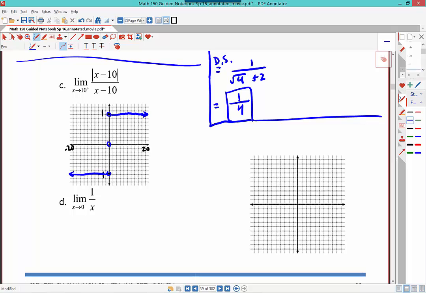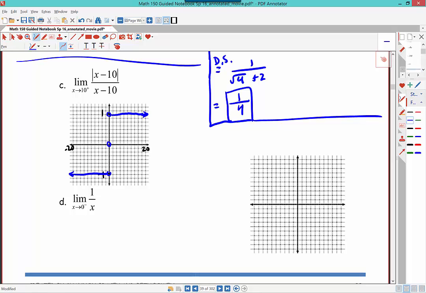So what would you say about the limit as x approaches 10 from the right? Will it exist? You bet it will exist because it's just a one-sided limit. And that one-sided limit from the right side is perfect, +1. Would the two-sided limit exist?